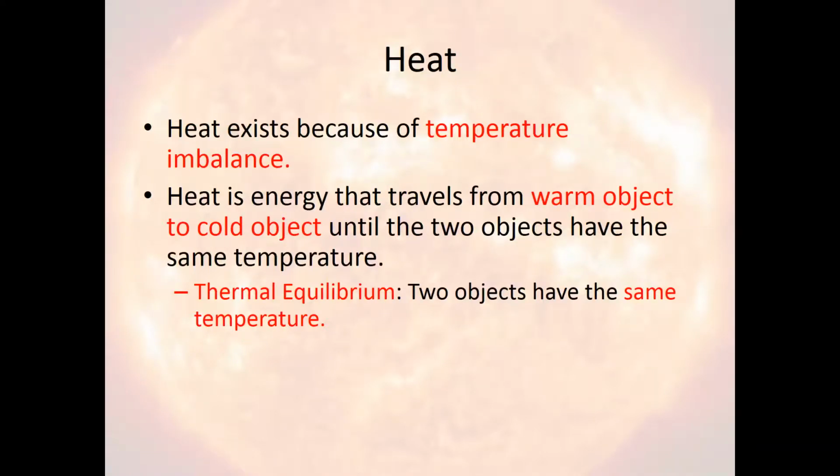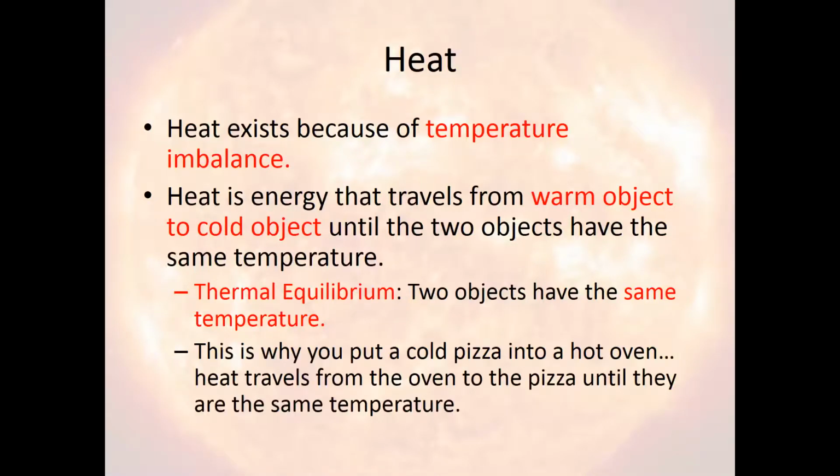Think about if you're like me and you love frozen pizza. You take a pizza out of the fridge. What do you do? You usually stick it either in a microwave or an oven. Well, when you stick it in an oven, that actually is surrounding it with very hot air. And so now you have really hot air surrounding a cold pizza.